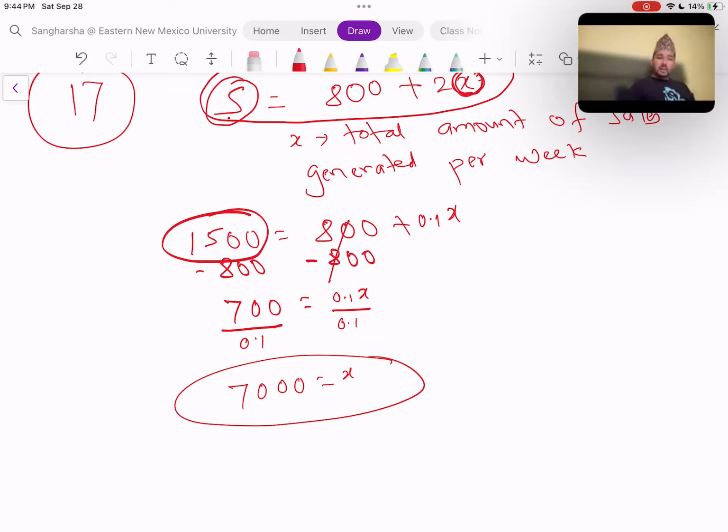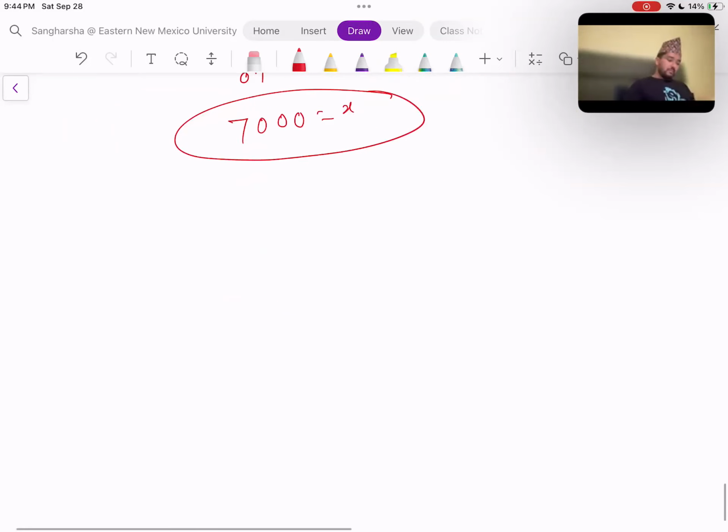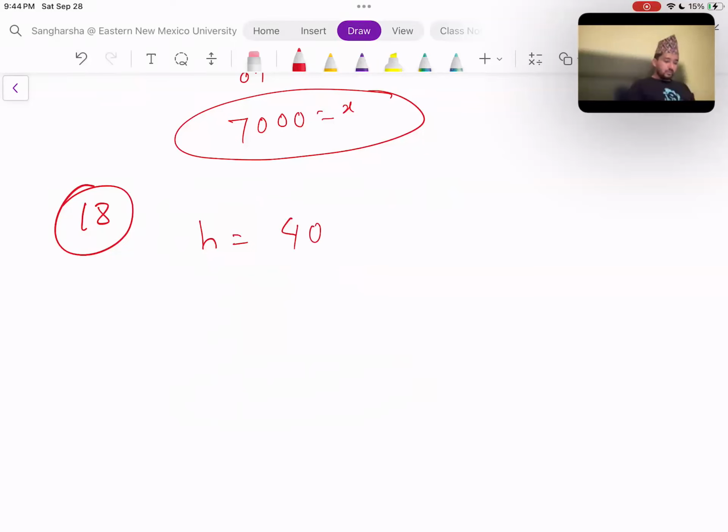Now let's go to the next one, and the next one is number 18. Now in number 18, the number of gift boxed pens sold per year since 2012 by the Pen and Quill Shop is given by, so the number of gift boxed pens, so H is given by 400 plus 80T, okay?